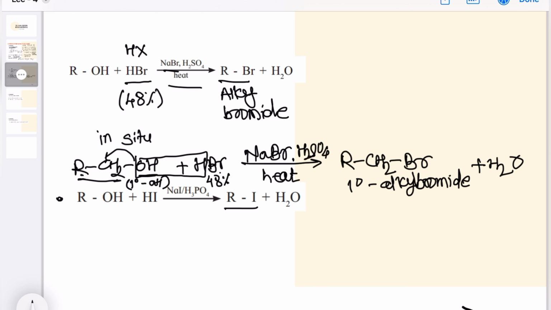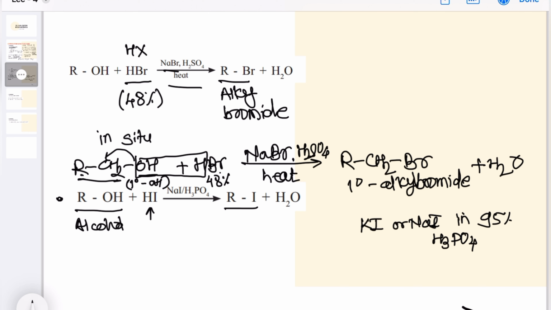A good yield of alkyl iodide may be obtained by heating alcohols with sodium or potassium iodide in 95% phosphoric acid. This is our alcohol starting material. This HI is used, HI means hydroiodic acid, and this NaI, or we can use KI or NaI, in how much percentage? 95% phosphoric acid, that is H3PO4.